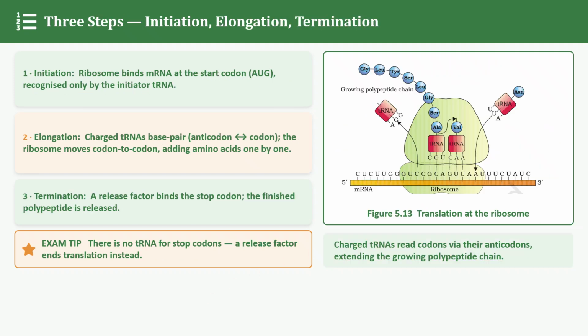Next, we are going to see the 3 steps of translation. Translation occurs in 3 major steps. What are they? Initiation, elongation and termination. So what happens in initiation? First, the ribosome binds to the mRNA. This is the ribosome. This is the smaller subunit and this is the larger subunit.